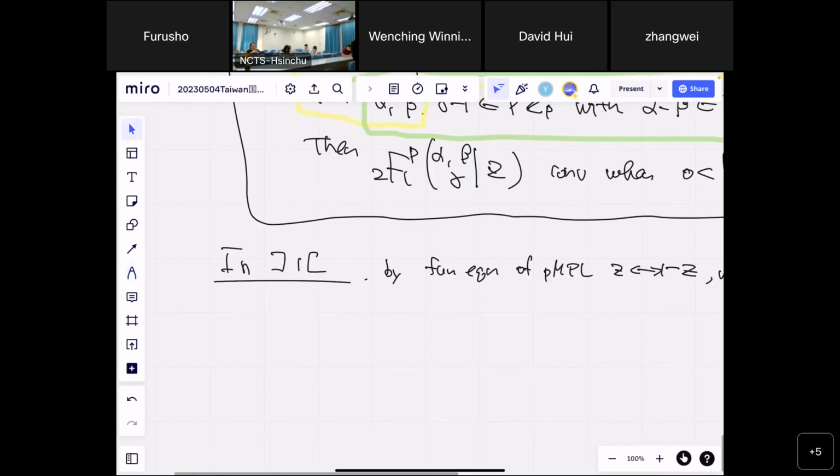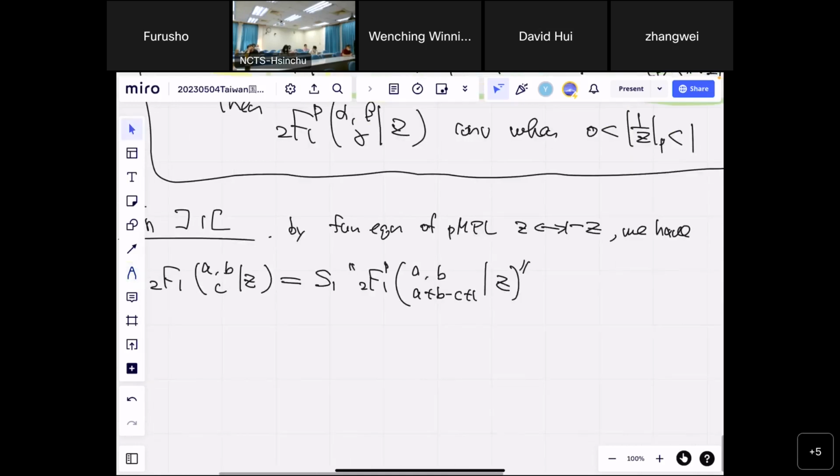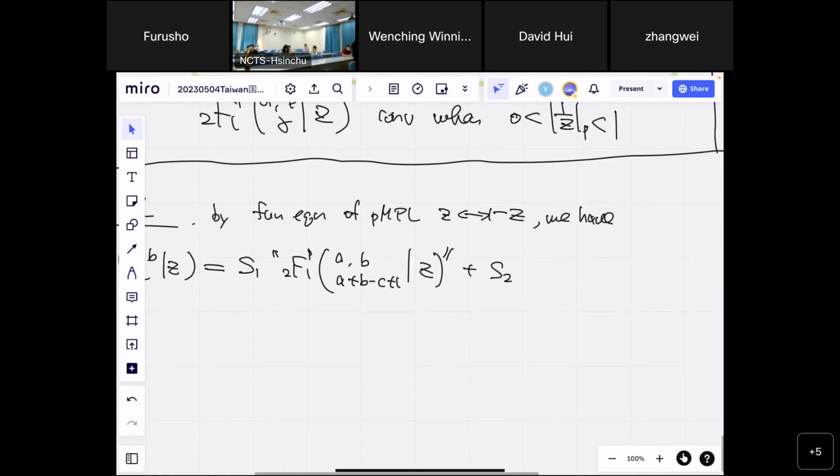We have F1, A, B, C. There is an argument to define what it means, but let me skip. A similar argument, but I have to use some more.